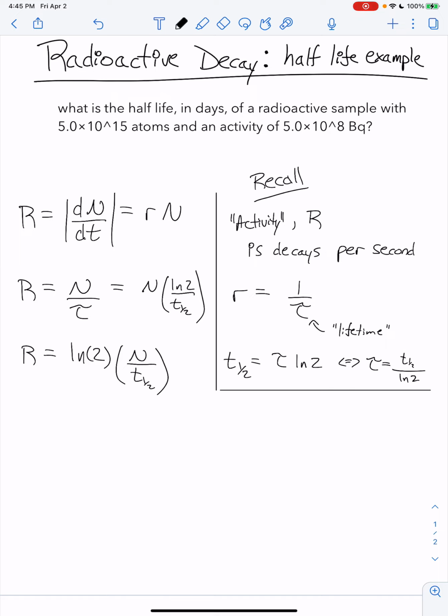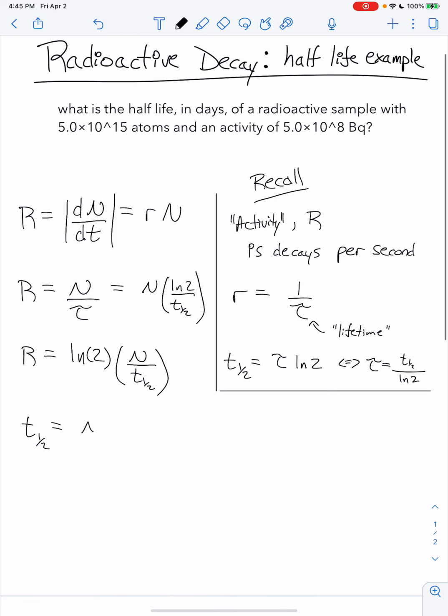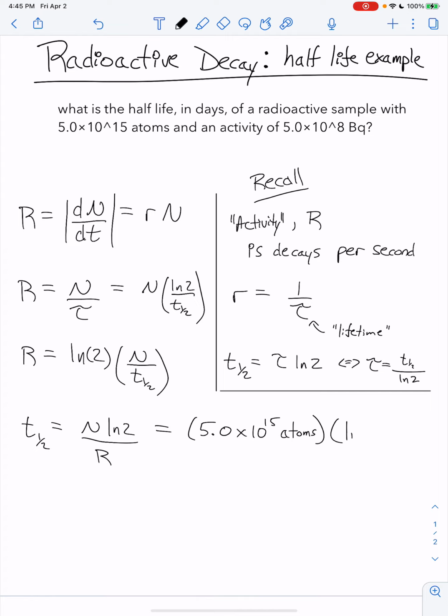And now what we want to do is isolate what we want, which is our half-life. So T1/2 is going to be equal to N ln 2 over R. And we can substitute in the values we've been given, so that N is 5.0 times 10 to the 15 atoms times ln 2, all divided by the activity, which we've been given is 5.0 times 10 to the 8 becquerels.